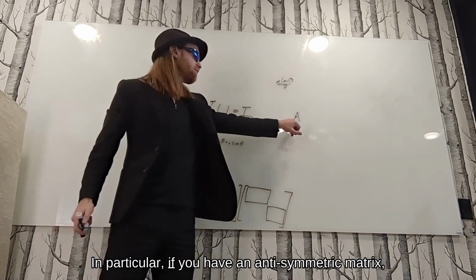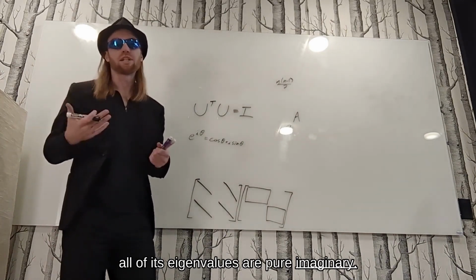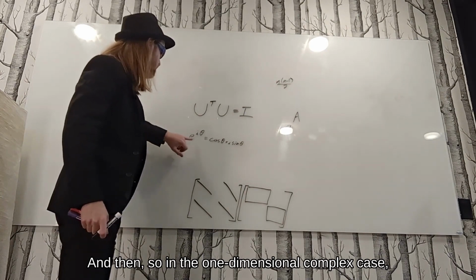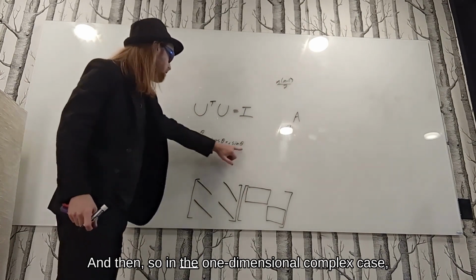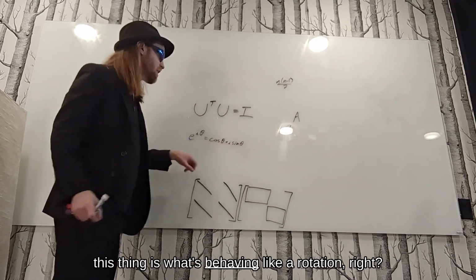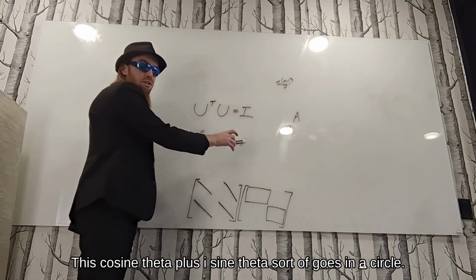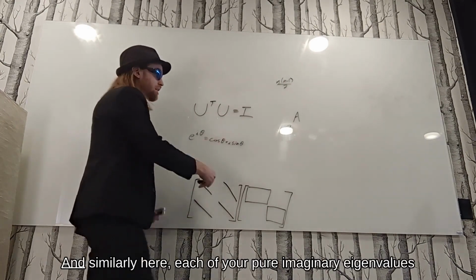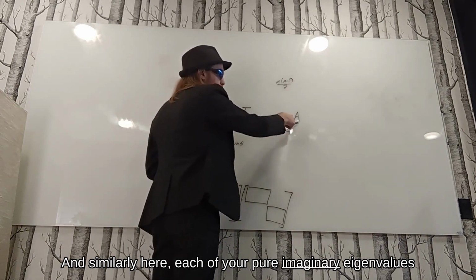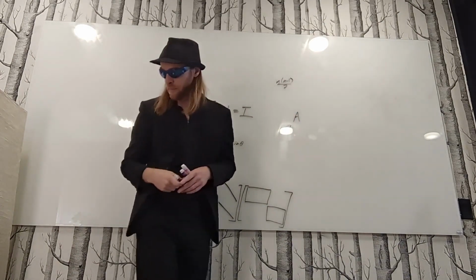In particular, if you have an antisymmetric matrix, all of its eigenvalues are pure imaginary. And in the one-dimensional complex case, this is what's behaving like a rotation, right? This cosine theta plus i sine theta goes in a circle. And similarly here, each of your pure imaginary eigenvalues is going to be something that goes in a circle.